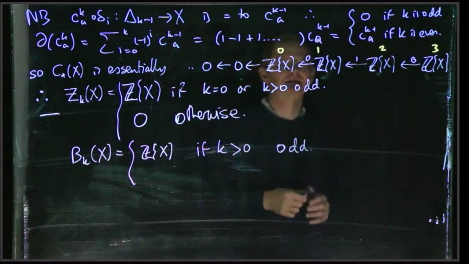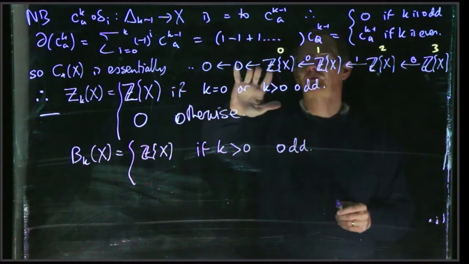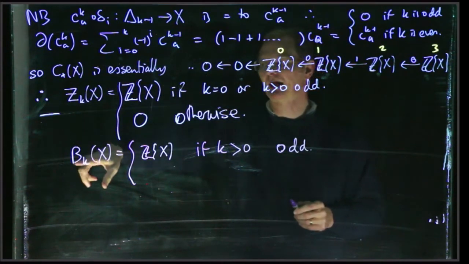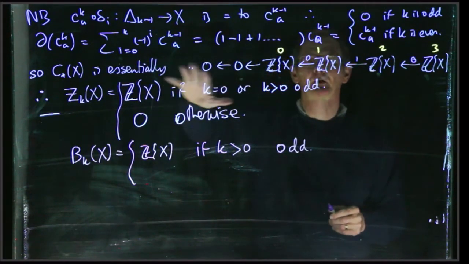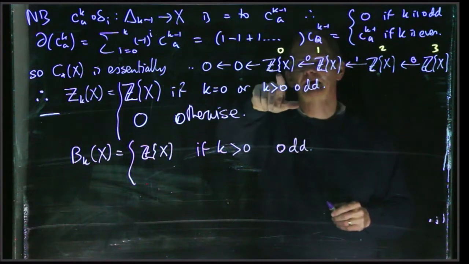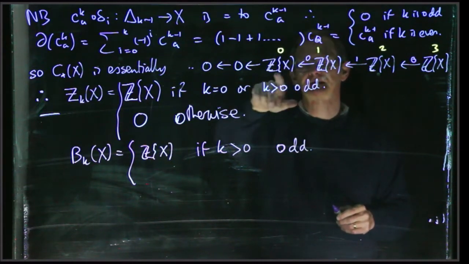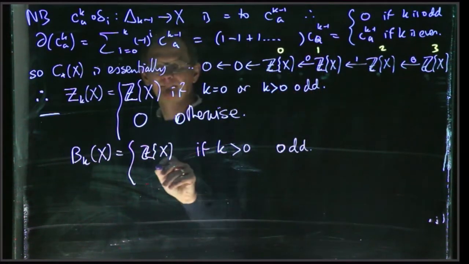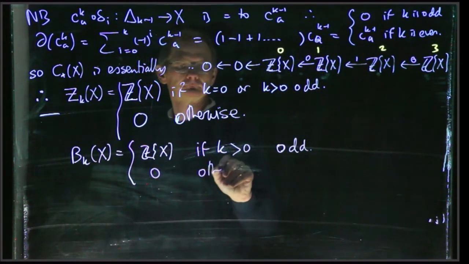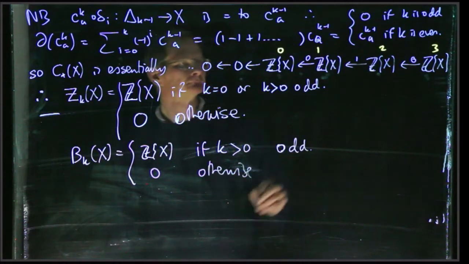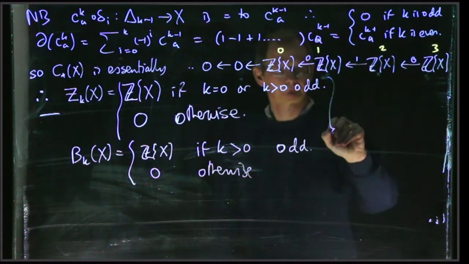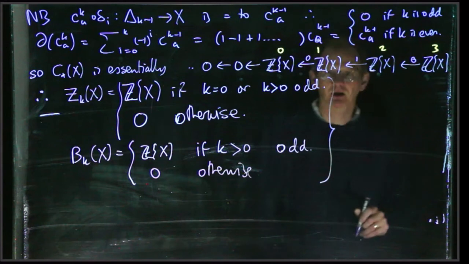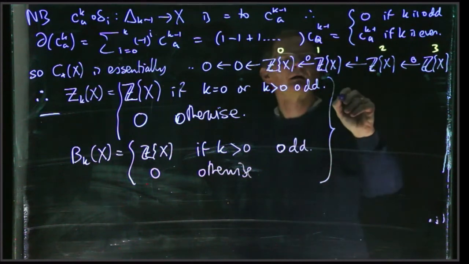But in all other cases, of course, down here, your B_k groups are 0 just because there's nothing going on. And then in every other case, in the even non-negative cases, the map coming in is 0, so the image is 0. So we can just summarize this picture.